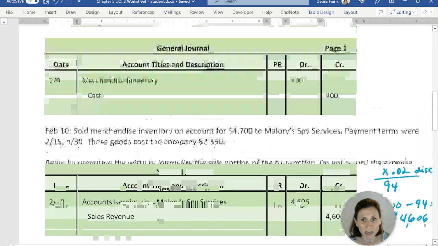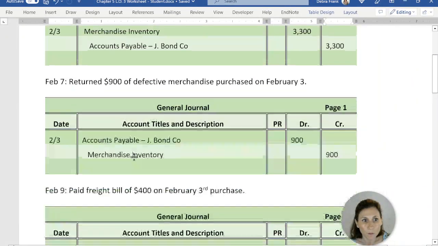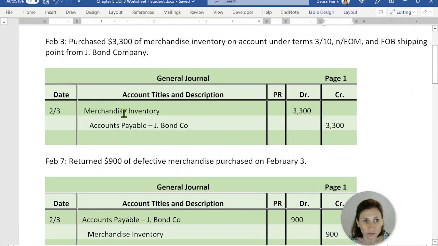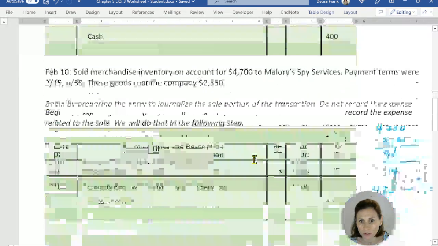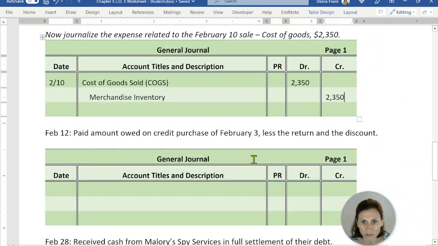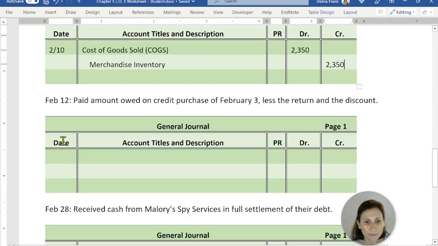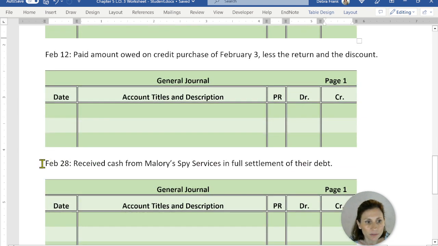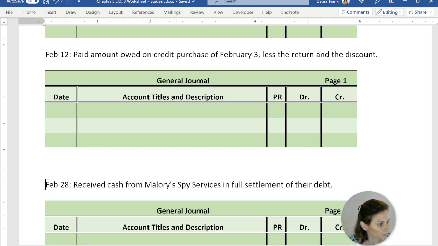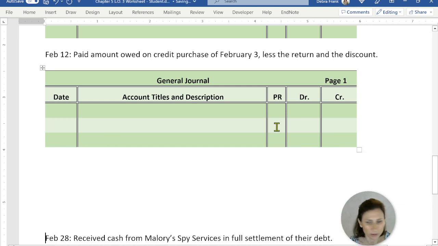So if we scroll back up here, you can see the start of our purchases for February 3rd, right? For the equipment that we purchased. And so let's do a T account to reconcile this. That way we can do our journal entries. So let's give us some space. I'm going to give us some extra space here. All right, so that way we have it in line with what we're doing.